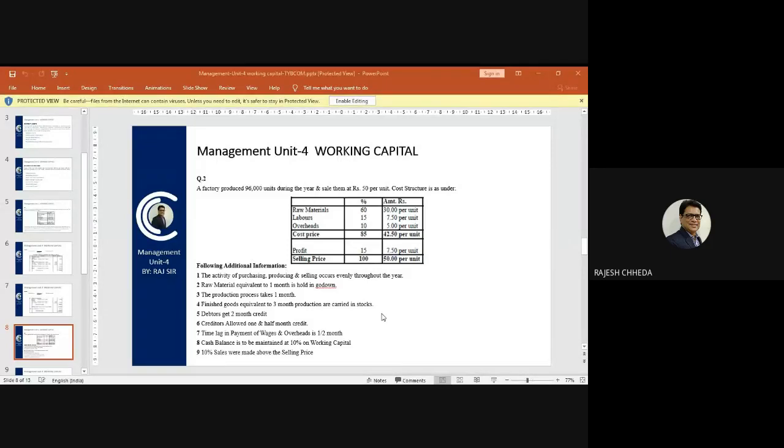This information is not useful for solving the working capital question. It is useless information, just given for confusion. So this is clear?